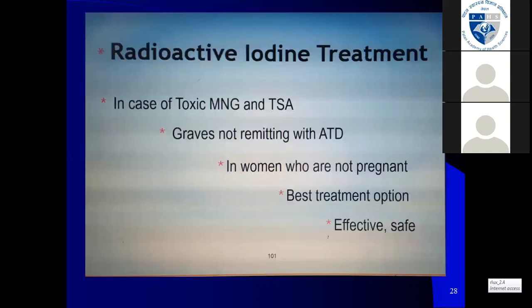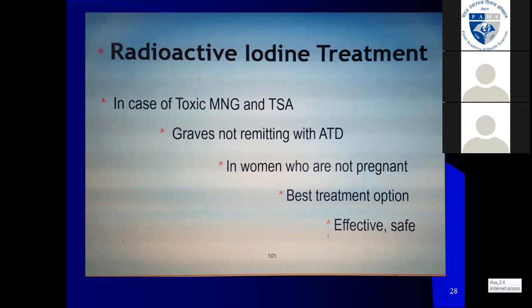Now coming to radioactive iodine treatment. Here the radioactive iodine, iodine isotope 131, is used, especially in cases of toxic multinodular goiter and solitary thyroid adenoma.